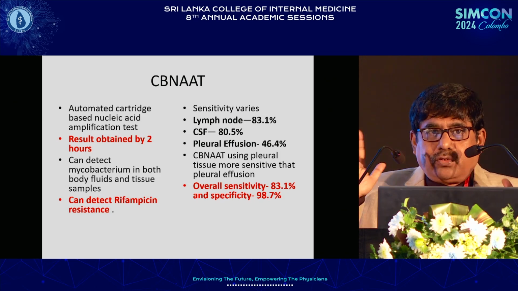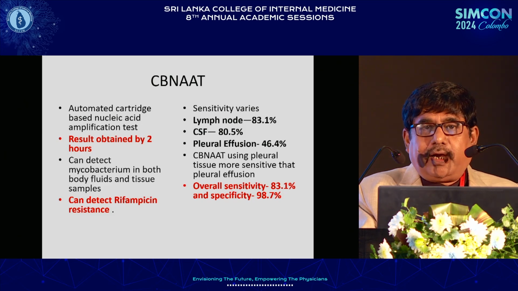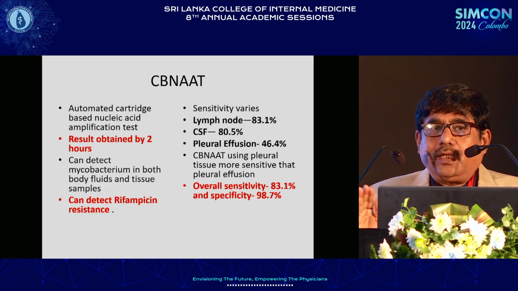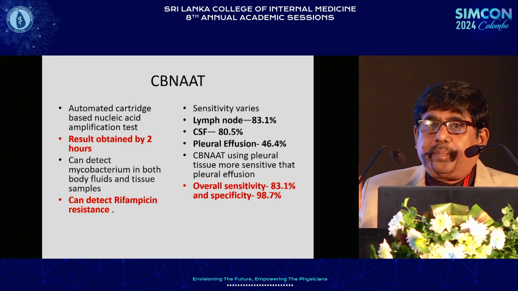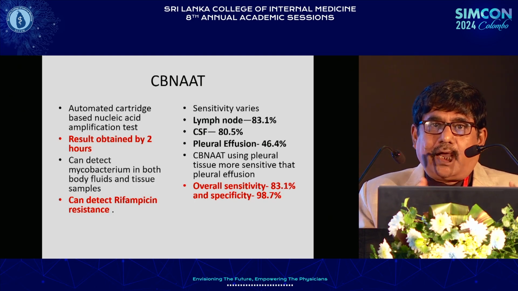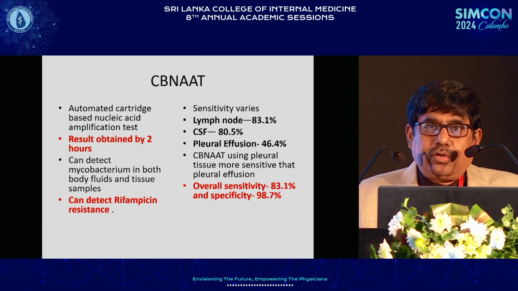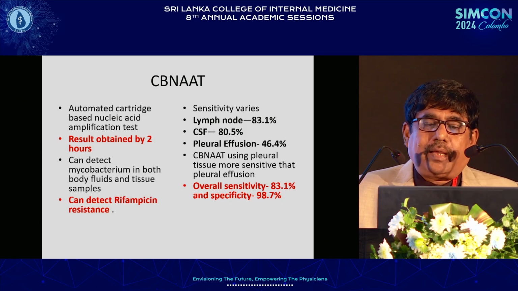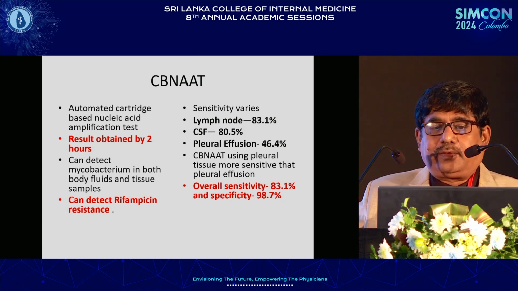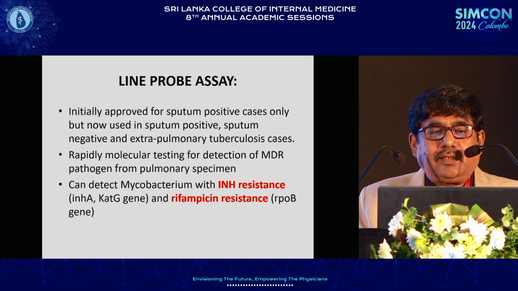That is why, if you think it can be a tubercular effusion and CBNAAT is coming negative, my suggestion is to send a repeat CBNAAT, maybe 1 or 2 times more. If it is highly suggestive and you are not willing to give empirical therapy, you have to go for a pleural biopsy. That issue I will come to later on. So pleural effusion CBNAAT is a challenge.